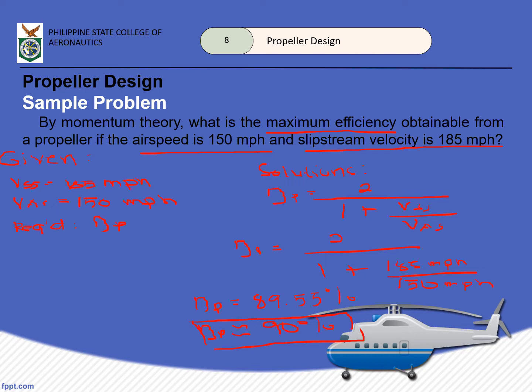But anyway, this is momentum theory, easy pa lang naman to. Magkakaroon tayo ng more complicated pagdating ng blade element theory. Pero regardless, mamamaster nyo naman yun as you do the activity, since yung mga formulas na idi-discuss sa blade element are the ones that you would be using sa inyong activities.